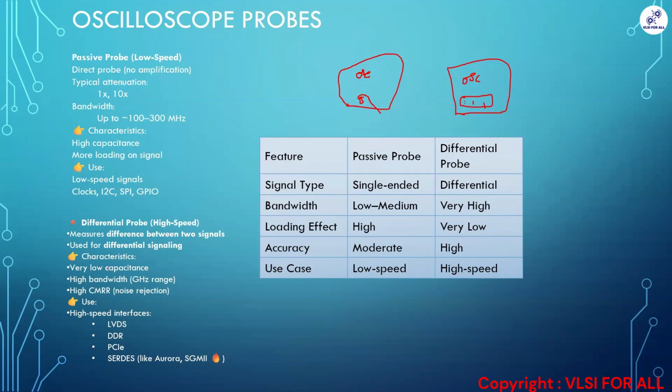Why we use differential is that it reduces noise and EMI effect, because it has low capacitance, high bandwidth in the gigahertz range, and high CMRR, common-mode noise rejection ratio. So for low speed we'll use the passive probe, and for high speed IPs, we'll use the differential probe.